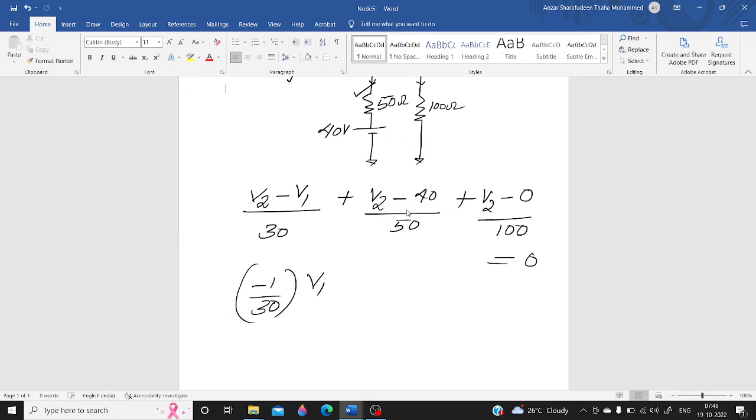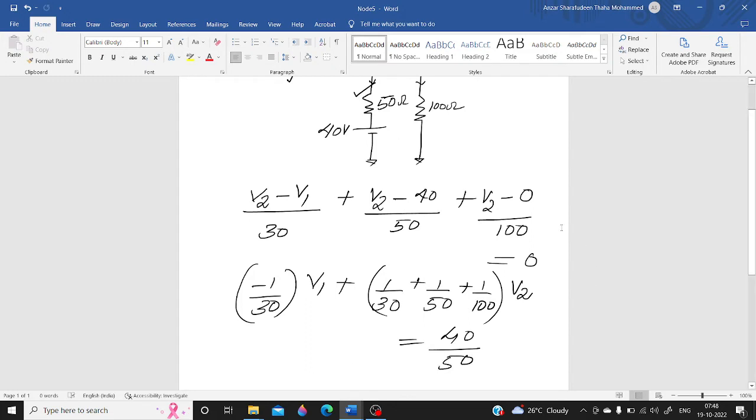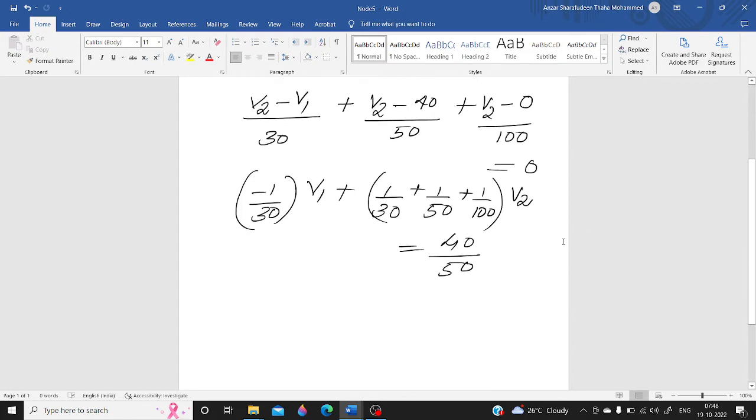And now let me look for V2: plus 1 by 30, plus 1 by 50, plus 1 by 100, V2 is equal to, here there is a constant term, minus 40 by 50. If I take it to the other side, it becomes 40 by 50. Now we have an equation in terms of V1 and V2.